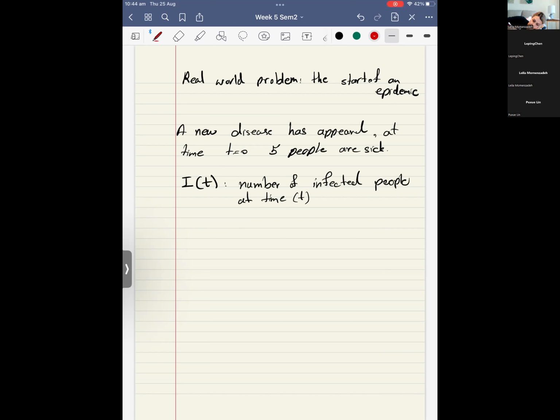some epidemiologists check the rate of the increase. The rate at which I increases is proportional to I, the number of the infected people, to the I itself.